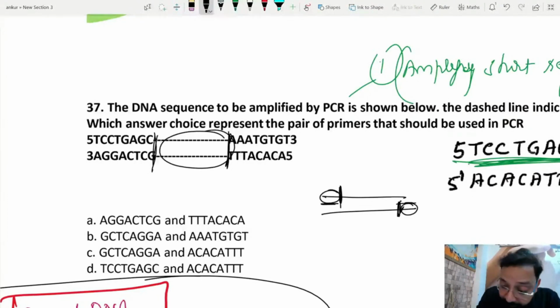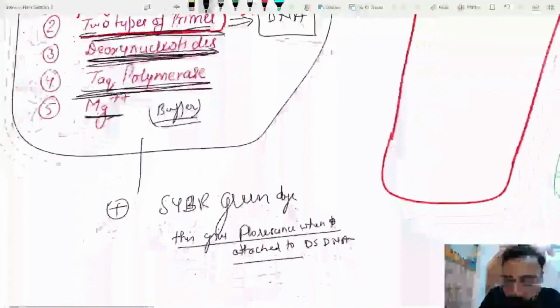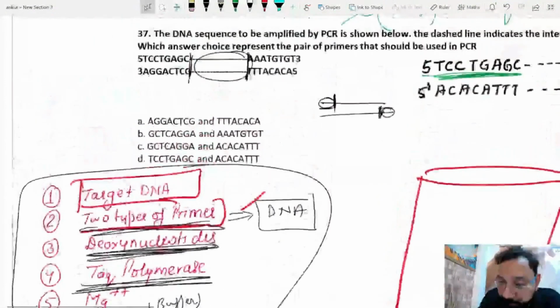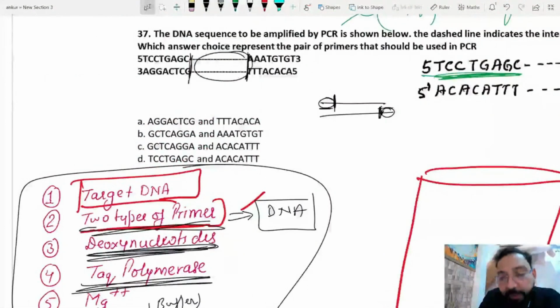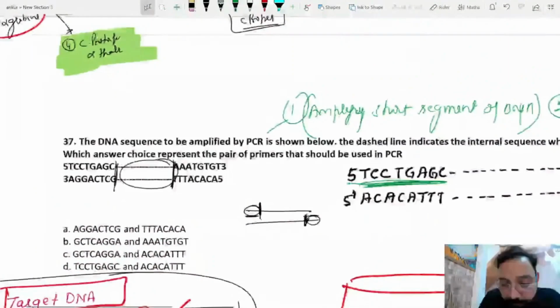So it means the target DNA which is to be amplified, the end portion, the flanking portion, the nucleotide sequence must be known to you. Otherwise you will not be able to make a primer. Got the point? So whenever a target DNA is to be amplified, we think, okay, what is this DNA? The flanking sequence should be this.